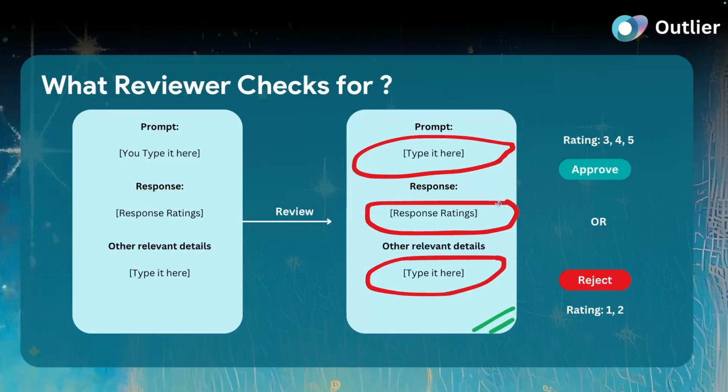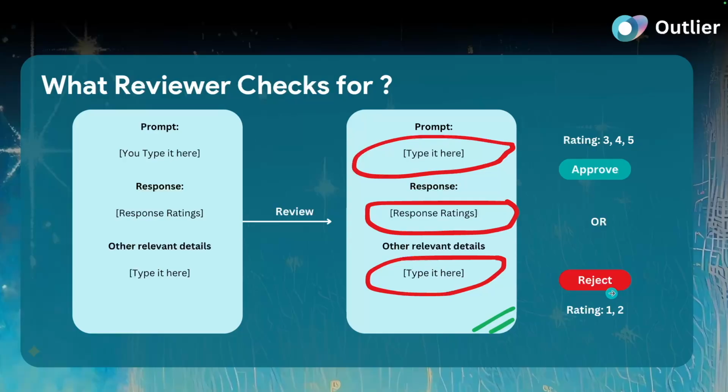That is basically doing the entire task again, in which case the reviewer may choose to reject the task with a rating of either a 1 or a 2, and provide feedback on that task.